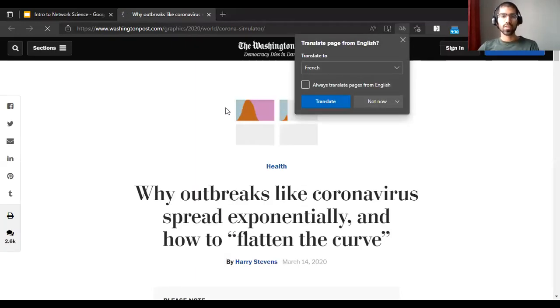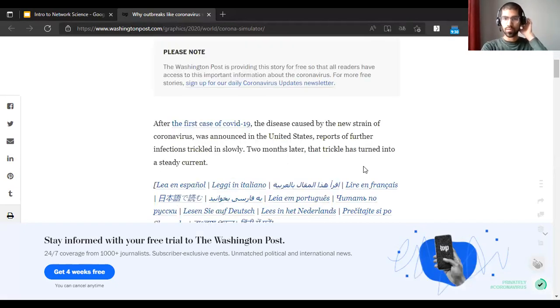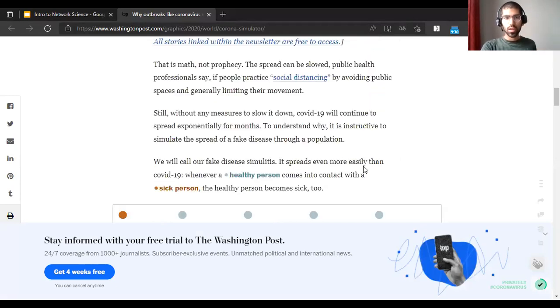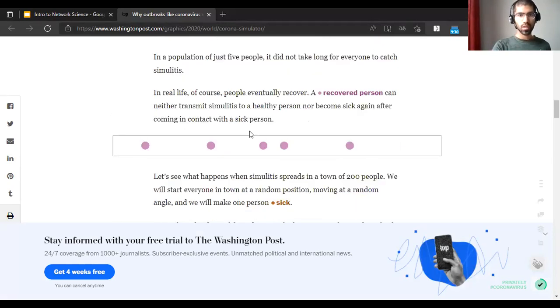It looked at how the coronavirus spreads. It's kind of like a cool visualization of how you get different people passing on diseases to each other. So here you see you have these little dots. Every time one of them touches, that represents a person coming in contact with another person and sending on the illness to each other.